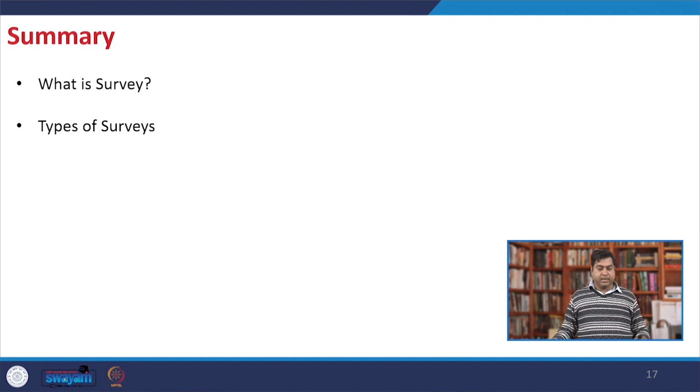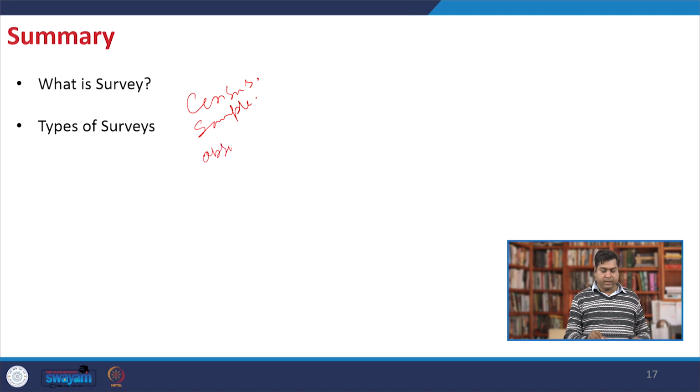So with that, let us summarize this part of the discussion, where we mostly discussed surveys, and the types of surveys depending on size, where you can go for the census, the whole survey. Then you can also have a sample survey, or in terms of administration you can go for observation survey.